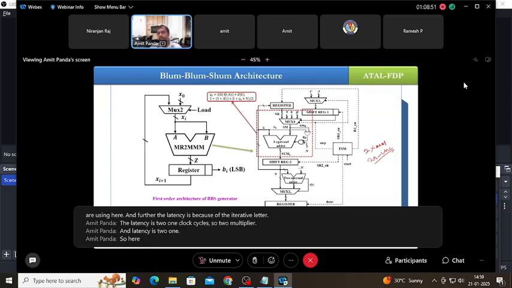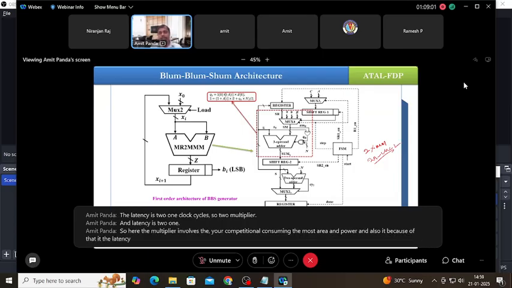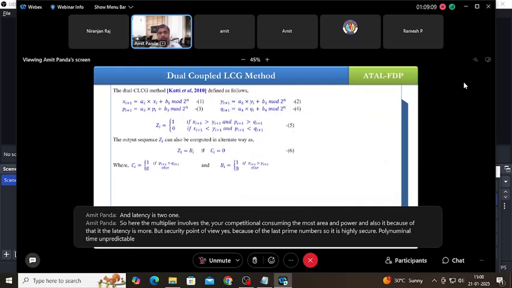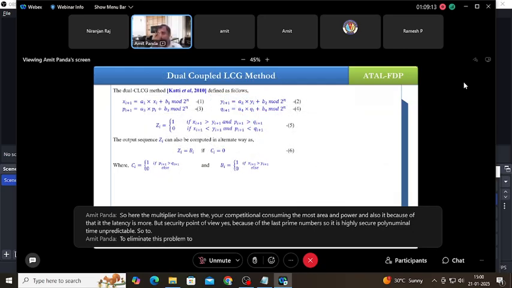The multiplier consumes the most area and power, and because of that the latency is more. But from a security point of view, yes, because of the large prime number, it is highly secure, polynomial time unpredictable.